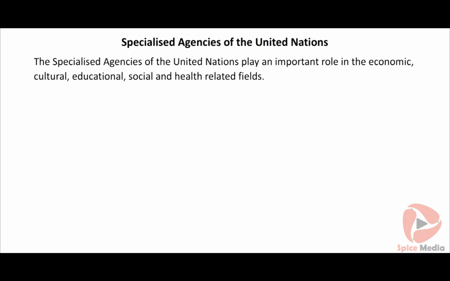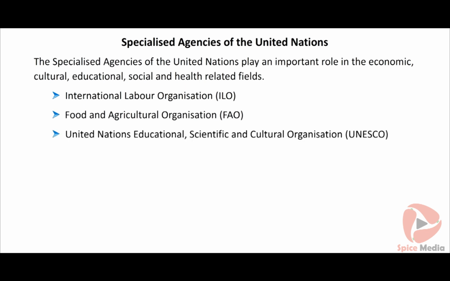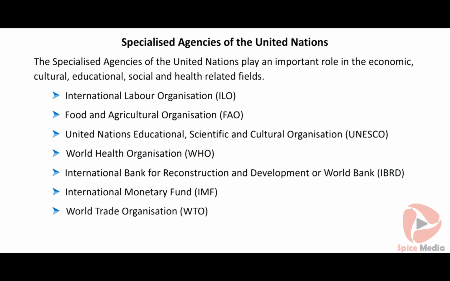Some of the specialized agencies are International Labour Organization, Food and Agricultural Organization, United Nations Educational, Scientific and Cultural Organization, World Health Organization, International Bank for Reconstruction and Development or World Bank, International Monetary Fund, World Trade Organization, United Nations Children's Fund.